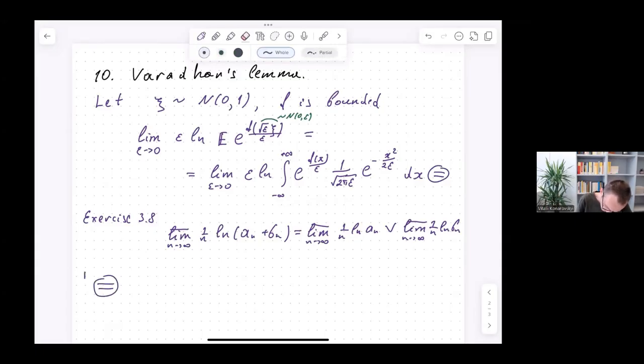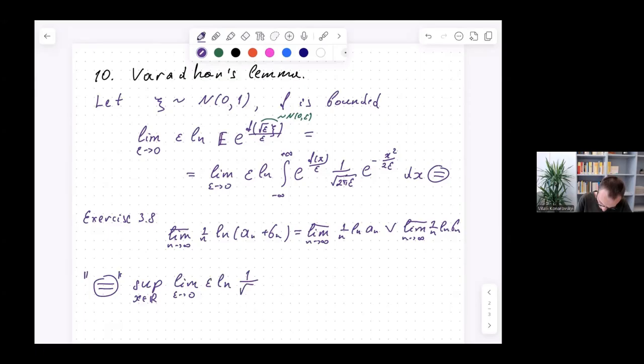It is the supremum, the equivalent of the maximum, over x in R, and then the limit as epsilon goes to 0 of epsilon logarithm of 1 over square root 2 pi epsilon times e to the power f of x divided by epsilon minus x squared divided by 2 epsilon.